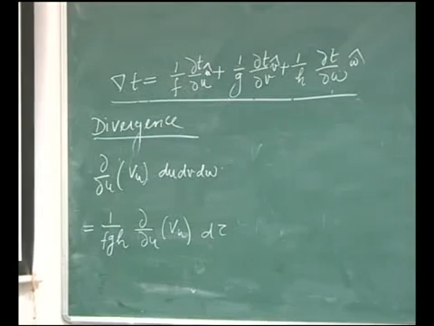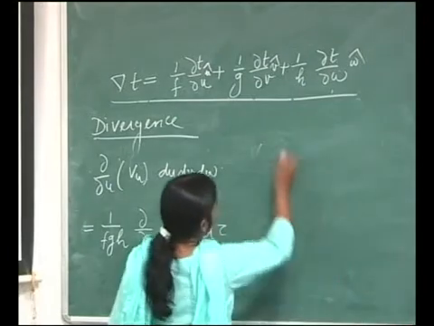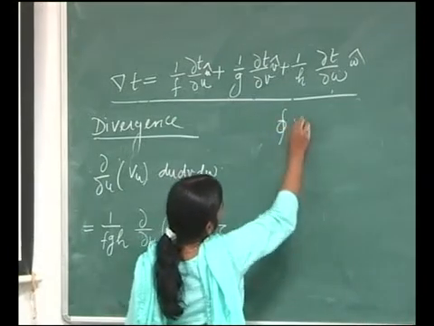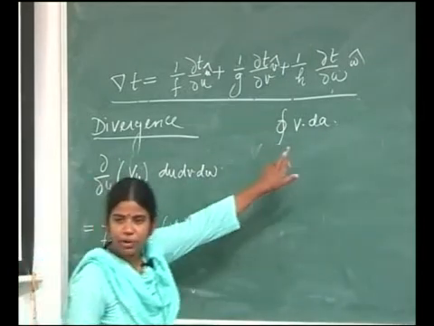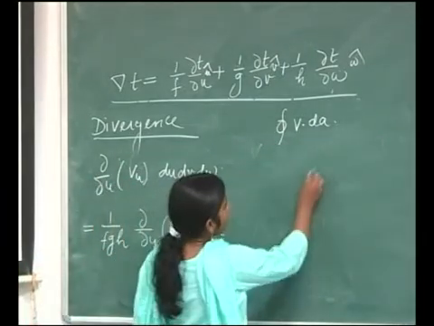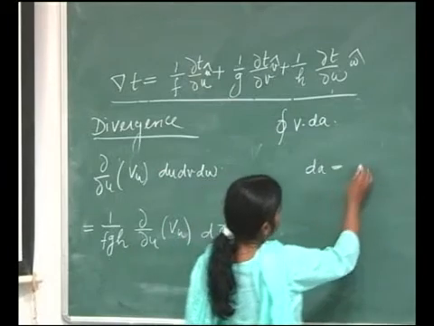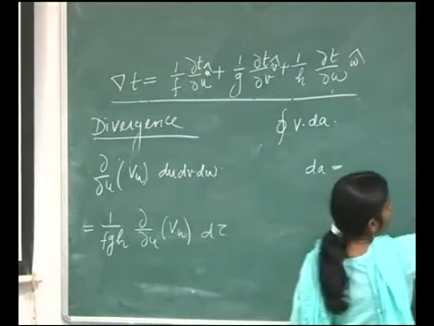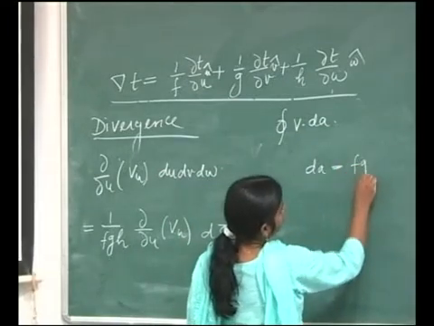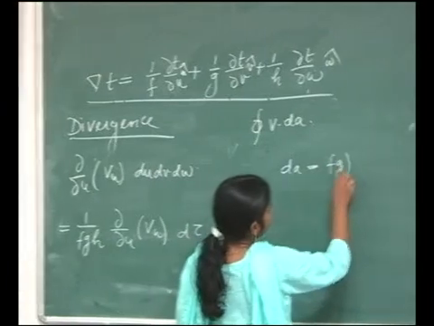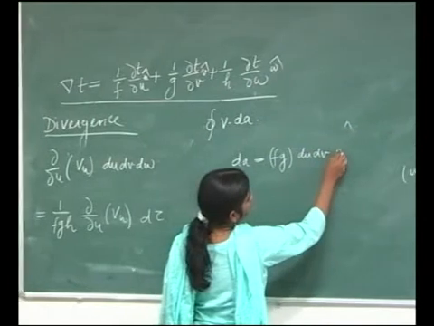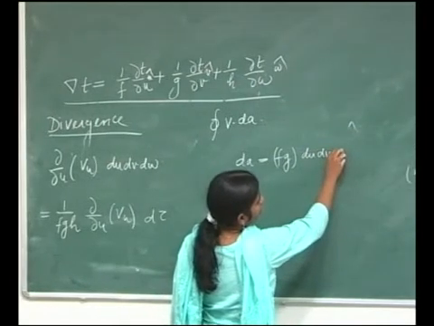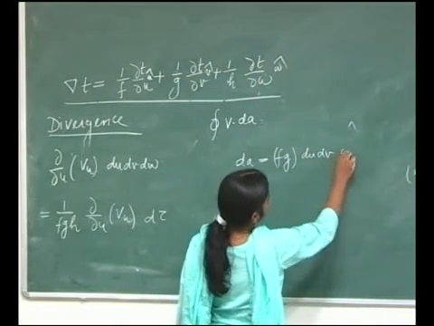Okay. So what I wanted to calculate was V dot dA. My aim was to calculate V dot dA, and I wrote that dA for this surface is equal to Fg into du dV into W cap.